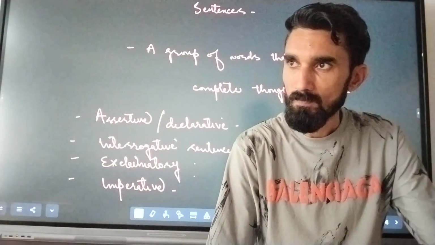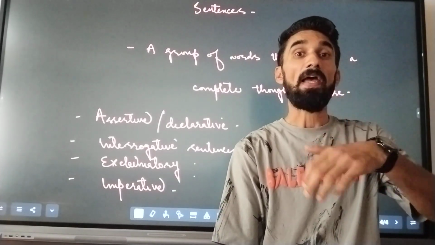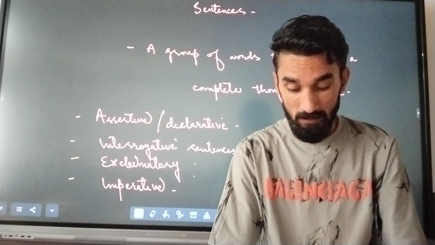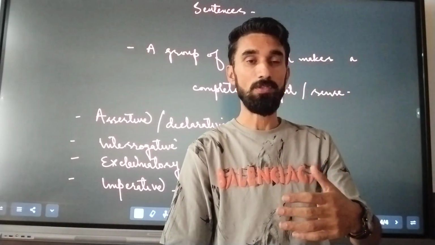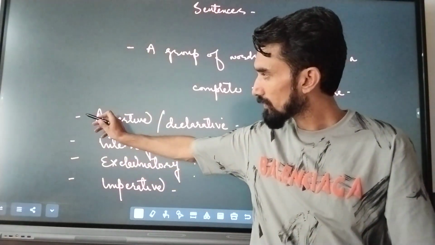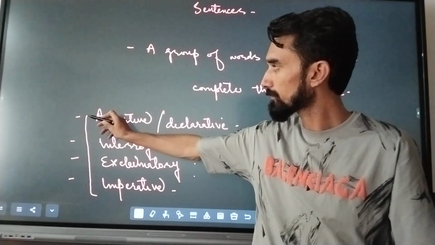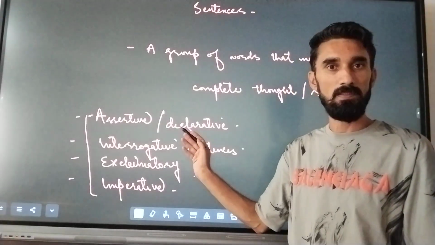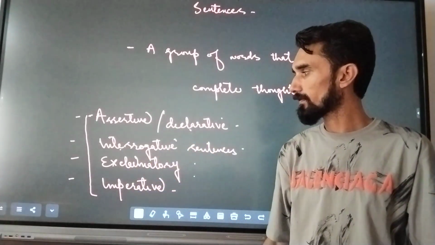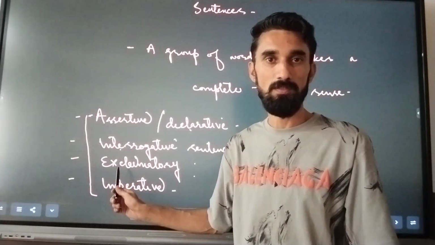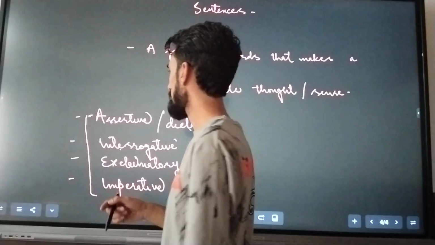So I told you earlier that on the basis of the expressions of the speech, what you are speaking to the people, you have generally these four kinds of sentences. You must remember all these four: assertive or declarative, it is the same. The second one is interrogative, the third one exclamatory, and then the fourth one is imperative sentences. Now we shall be discussing these four kinds of sentences.